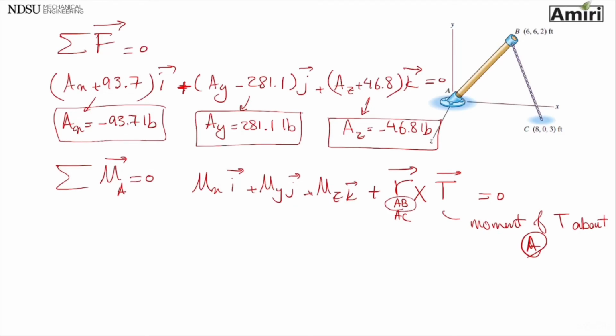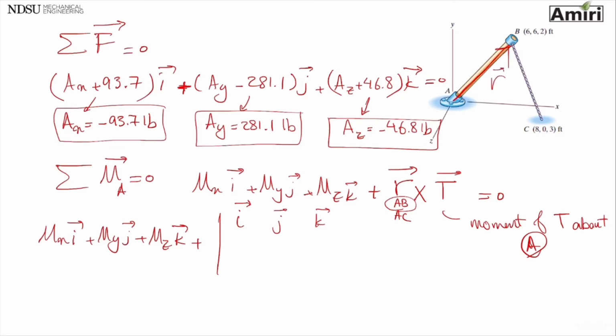So it's going to be MXI, MYJ, MZK plus IJK, position vector from A to B is going to be 6, 6, 2, and the T, I just found it on the previous slide, and it's going to be 93.7, 281.1 and 46.8.